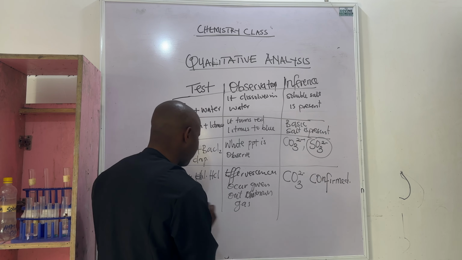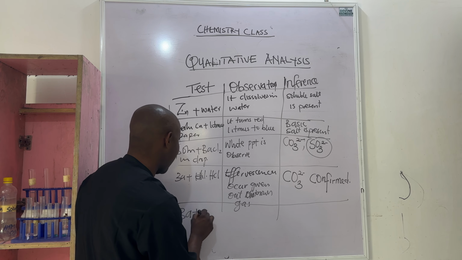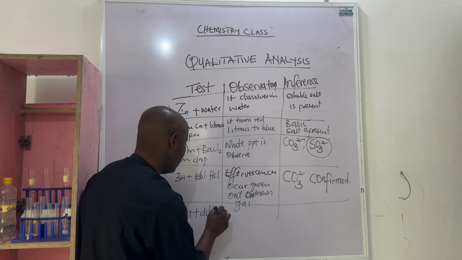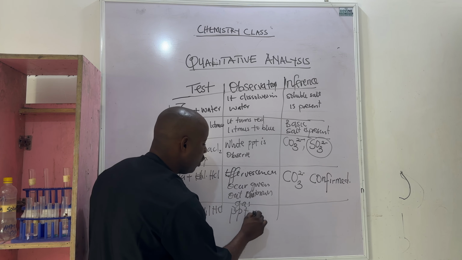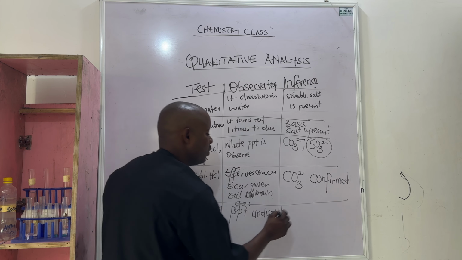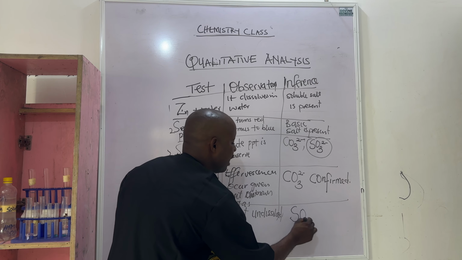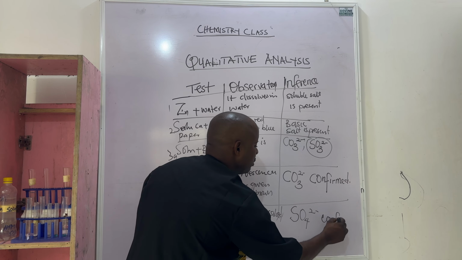As I've said, if you see 3A plus dilute HCl and this white PPT remains undissolved, we say the sulfate family has this characteristic of not dissolving.